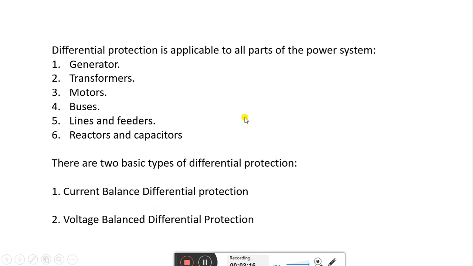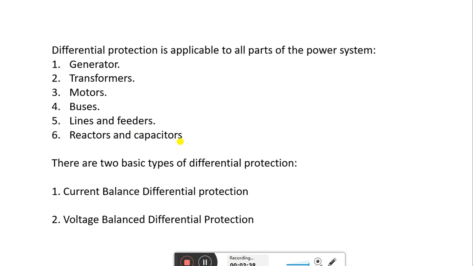One more thing we should know is that the differential protection is applicable to all parts of the power system, that is generators, transformers, motors, buses, lines and feeders, reactors and capacitors.